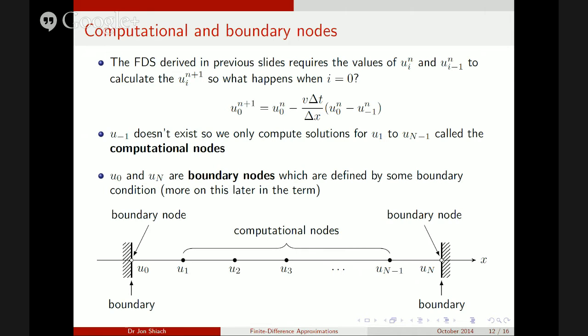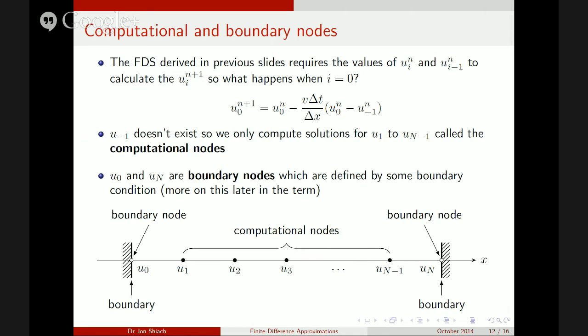We're right on the edge of our boundary. There's u_0, and there's nothing existing over here. This is outside our domain. So we can only calculate our finite difference scheme for nodes u_1 up until u_N, because we need the value to the left to actually calculate all of these.